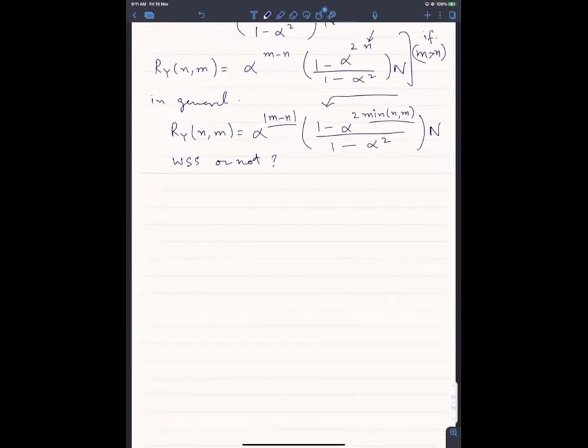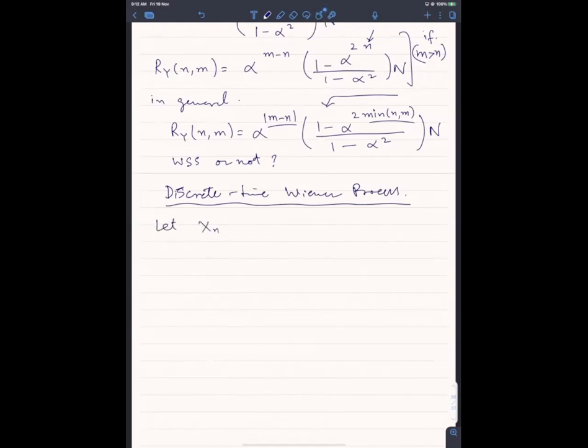So I am going to very quickly talk about what we call the discrete time Wiener process. We define the discrete time Wiener process like this: let X_n be a discrete time Gaussian noise process.